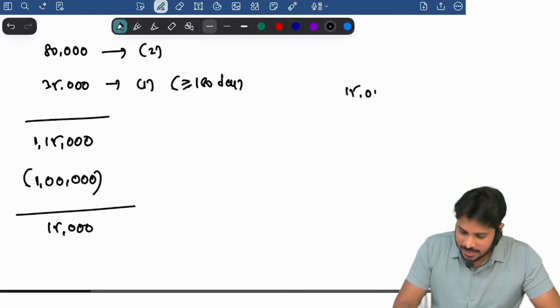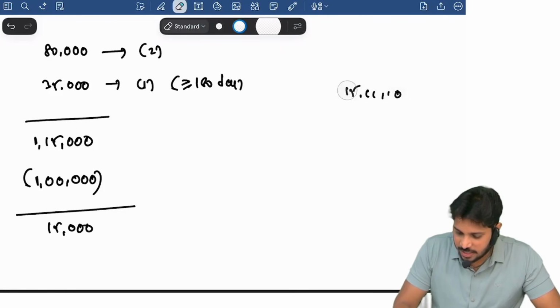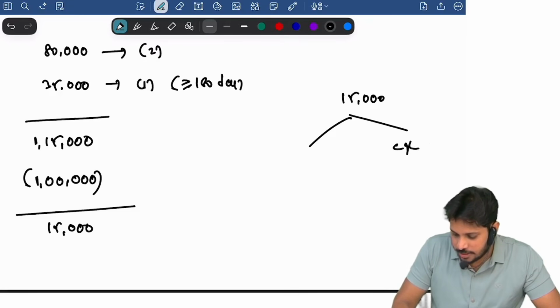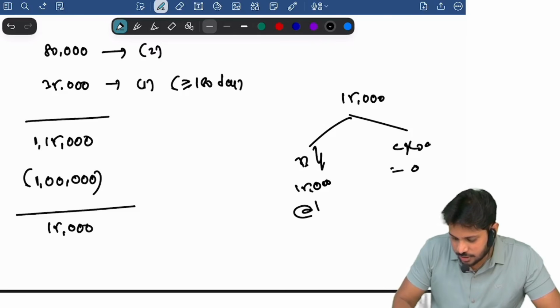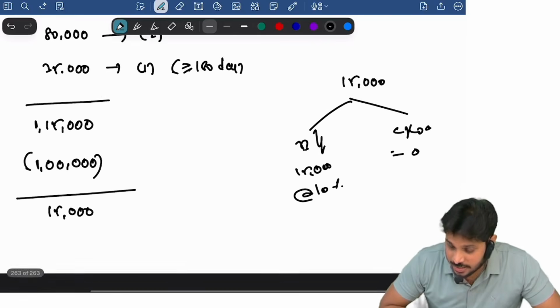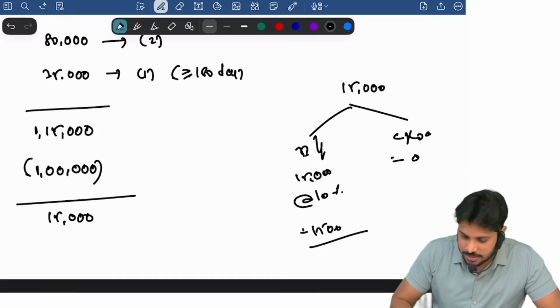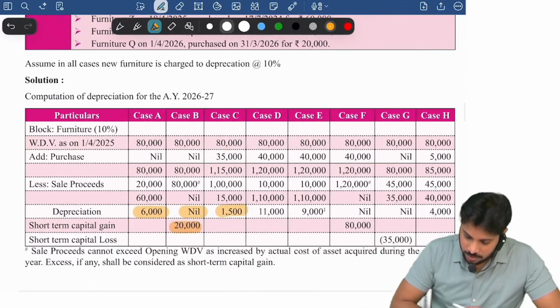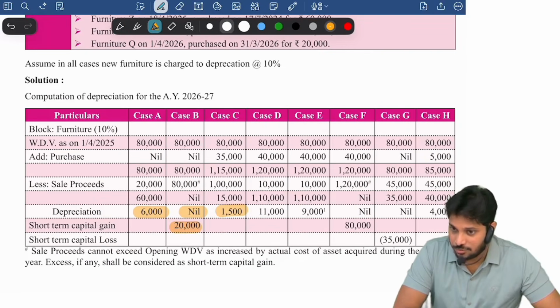I will allocate this 15,000 into less than 180 days, 0. Balancing figure 15,000 is depreciable at 10%. So 1500 is the depreciation. Case number C, 1500.